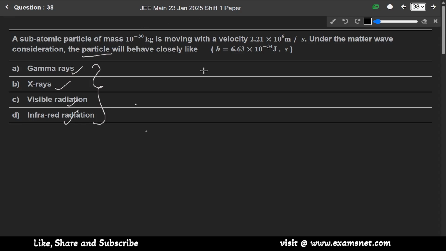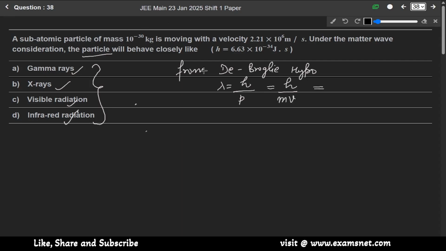So from the de Broglie hypothesis we know that lambda equals h over p, where h is the Planck's constant and p is the momentum. We write p in terms of velocity as m into v, mass into velocity.